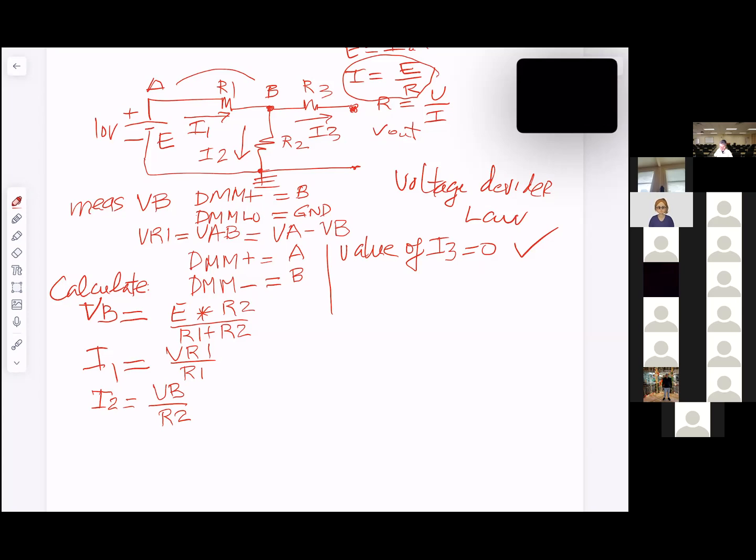So would VA equal E times...? Now VA means the same E. Doesn't matter, there's no resistance. That's the same thing. Anything else? Make sure it's clear to you before we can move on to the other thing. Otherwise, you get lost.